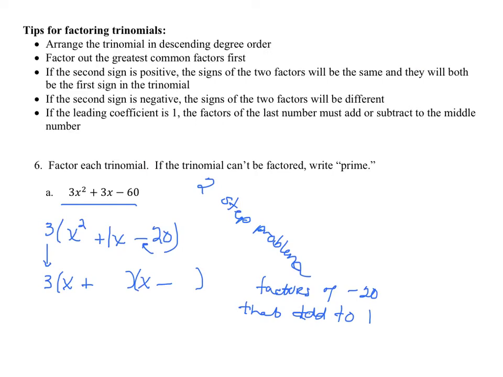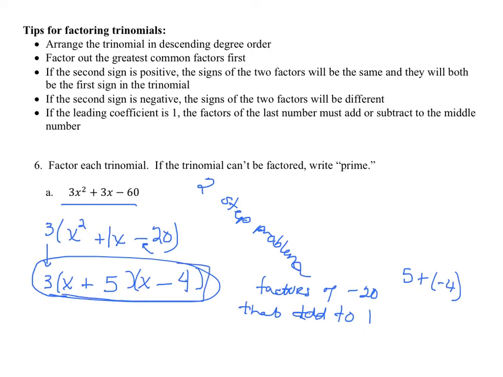So I'm thinking 4 and 5, right? 5 plus a negative 4. So I need a 5 here, negative 4 here, and I'm golden. If I don't put the 3 in front, I have not completely factored it. So how would you check your work on this? Well, you would multiply these two binomials first to get this guy right here, and then pull the 3 through.